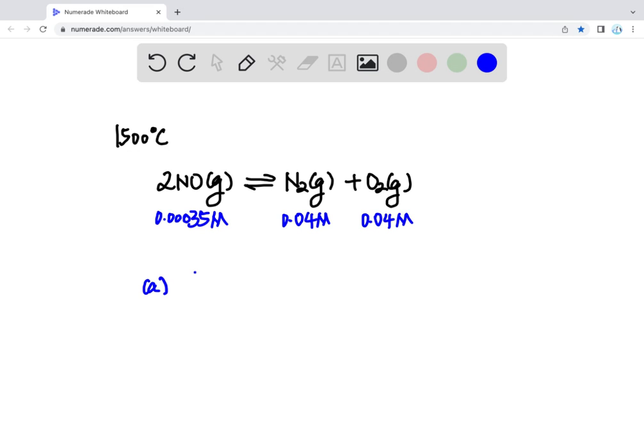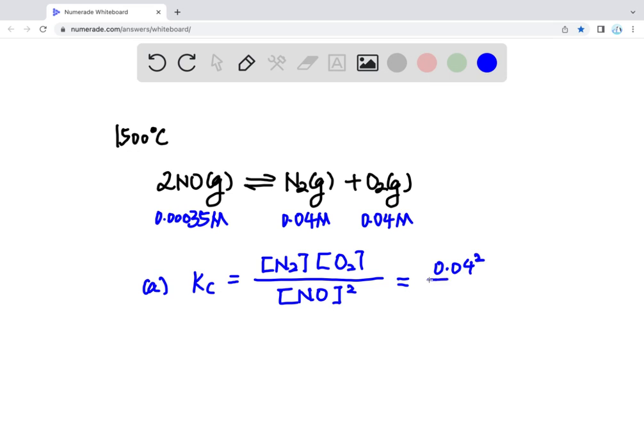So for the Kc, we just need to write down the expression equals the concentration of N2 over the concentration of the oxygen over the concentration of the NO to the power 2. So this is 0.04 squared over 0.00035 squared.